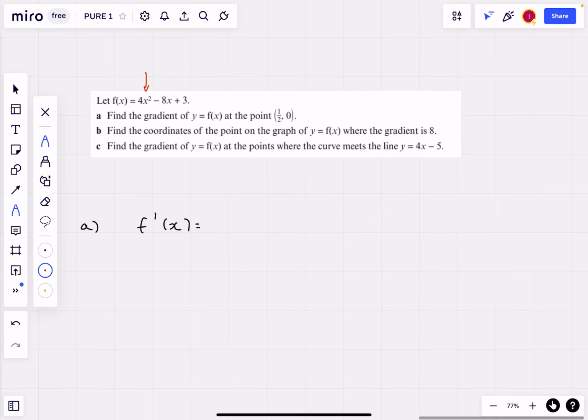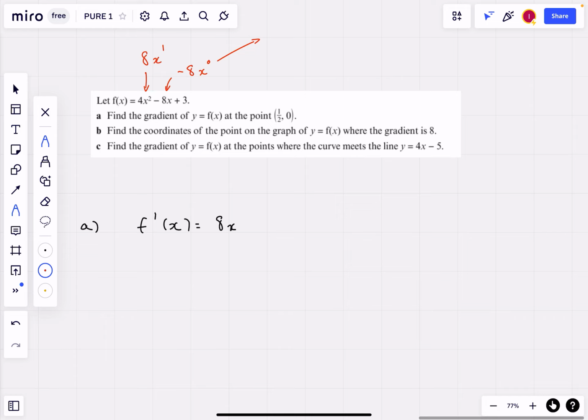So to differentiate this, you're going to times by the power 2, you're going to write the letter x, you're going to minus 1 from the power, 1. So you're just left with 8x. Okay, this one, you times by the power, minus 8, you write the letter x, and then you minus 1 from the power. 1 minus 1 is 0.